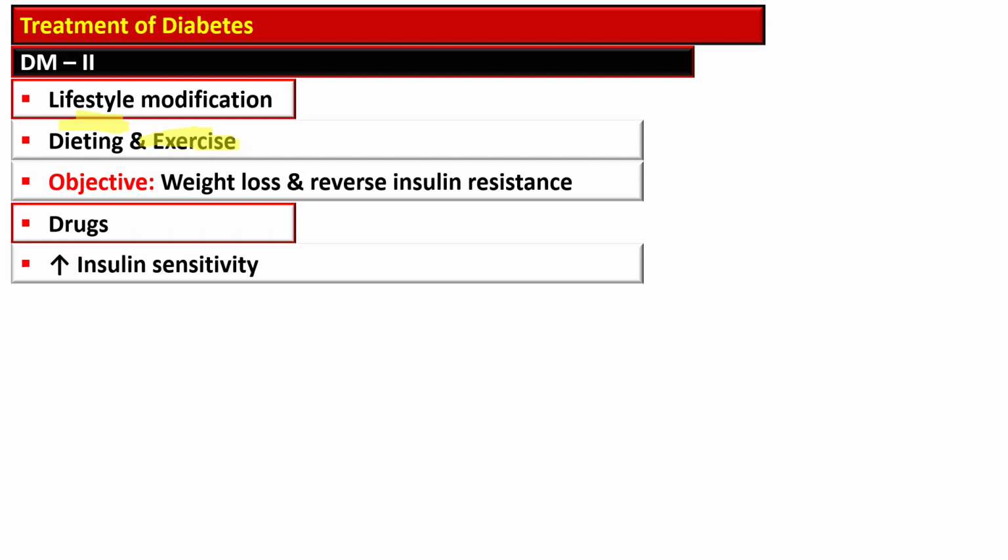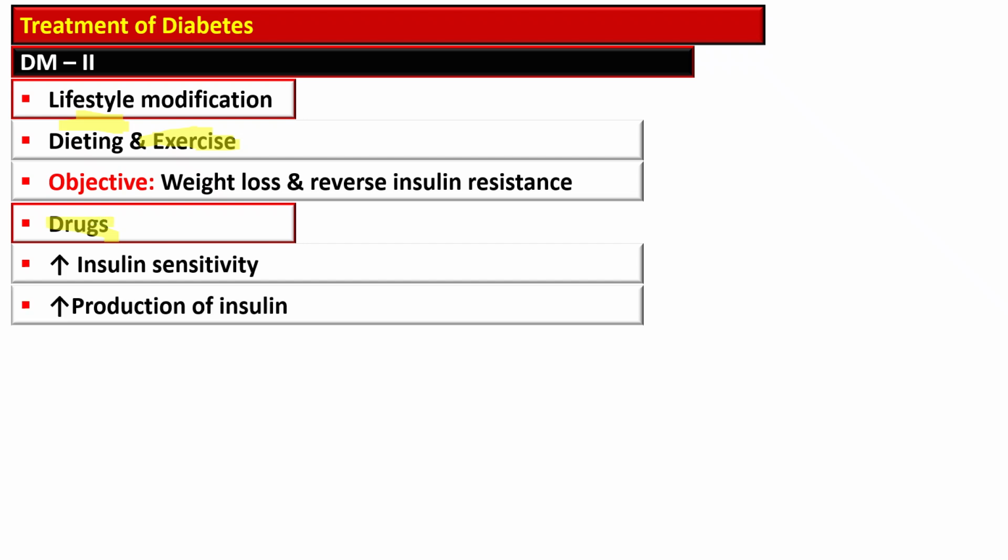Then there is pharmacological treatment. If the lifestyle changes are insufficient, insulin sensitizing drugs such as thiazolidinediones are used, or metformin can be used that reduces hepatic glucose production and improves insulin sensitivity. Sulfonylureas stimulate pancreatic beta cells to release more insulin.